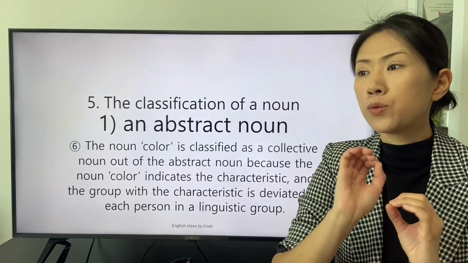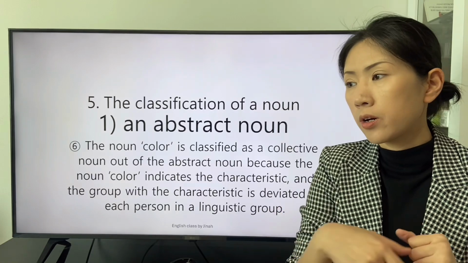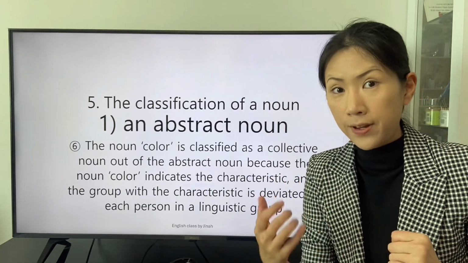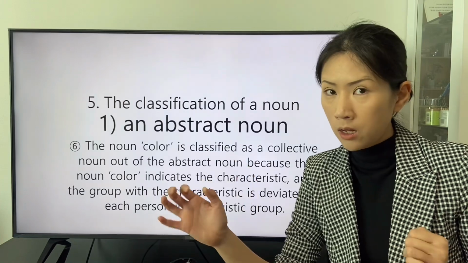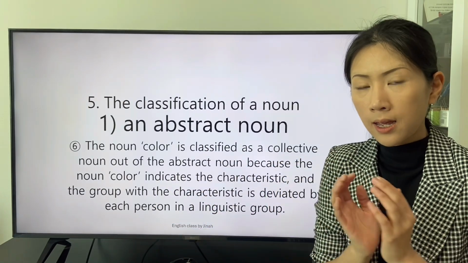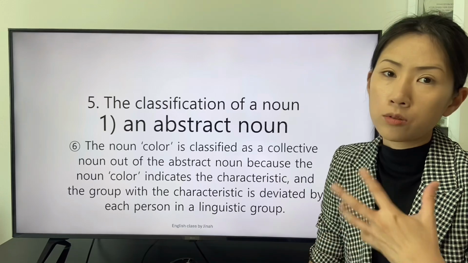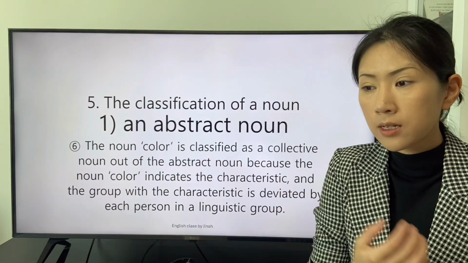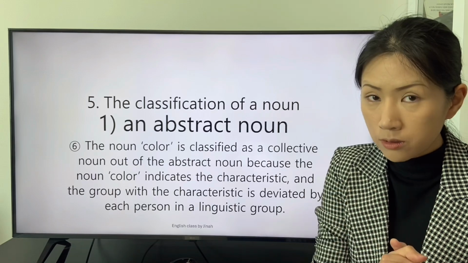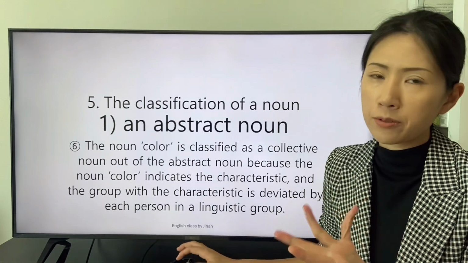The definition of the word color can be deviated and also be accepted as the noun color. So the noun color is classified as a collective noun, also as an abstract noun.